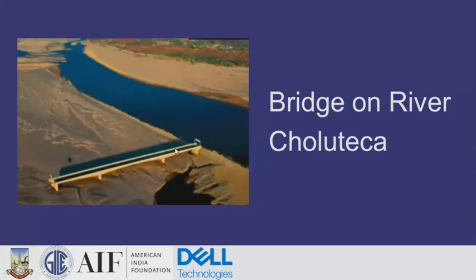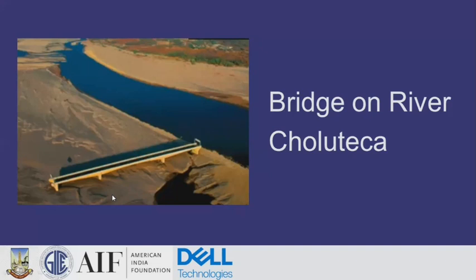So do you notice? Nivedita Rao is saying it's not on the river. Yes. Right? The bridge is not on the river. So there's a short story to this. This bridge was actually properly built over a river. That river was called River Choluteca, which is in Honduras, South America.